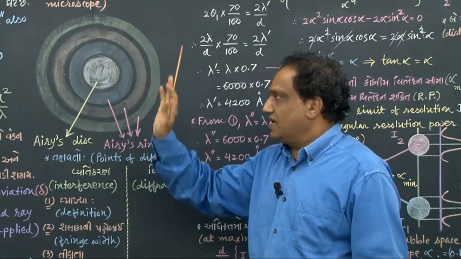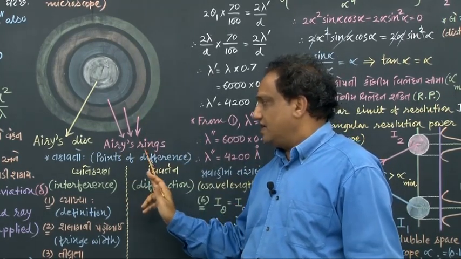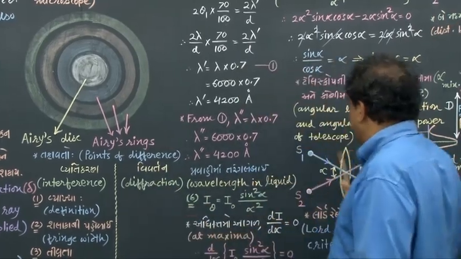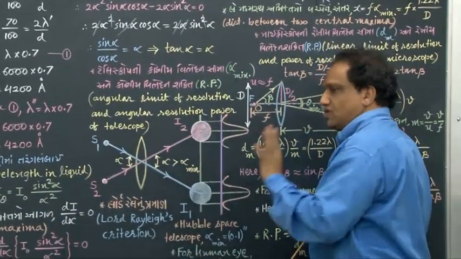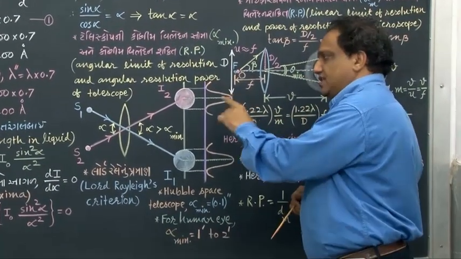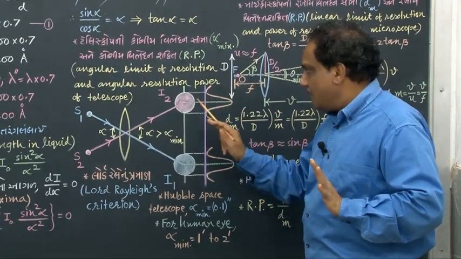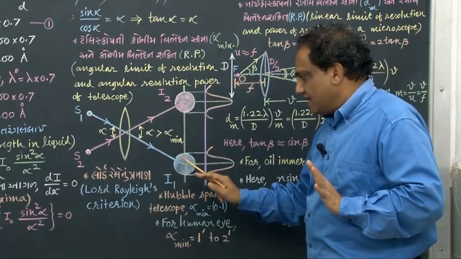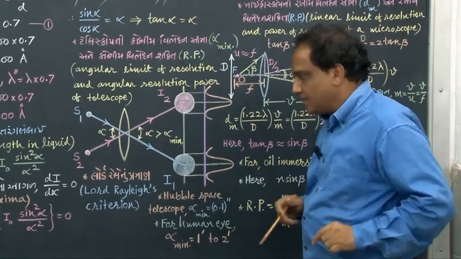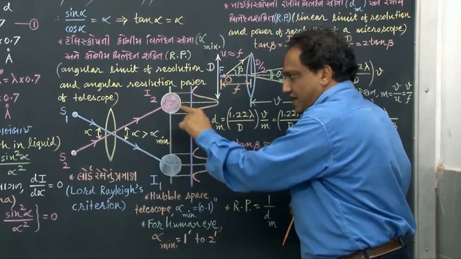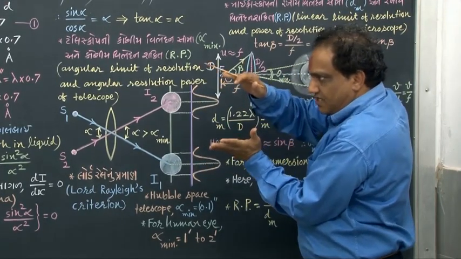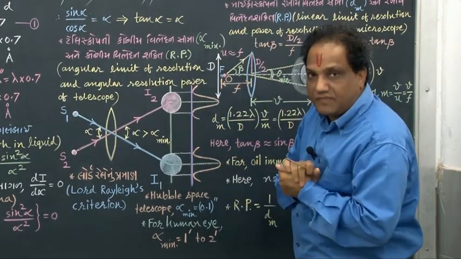These circular rings are called Airy rings. So here image means diffraction pattern, and just for convenience I have not shown the Airy rings. I have shown only the central part, the Airy disk. But these two images at present are quite separate from each other.